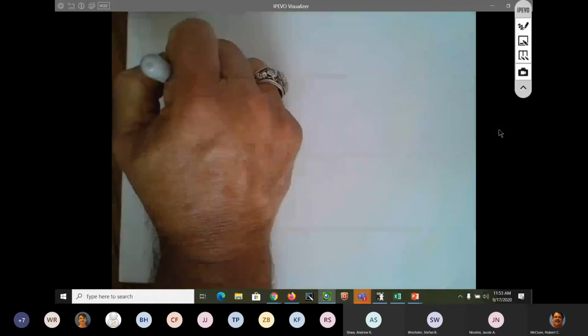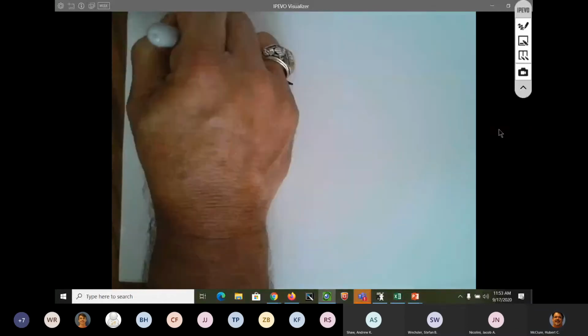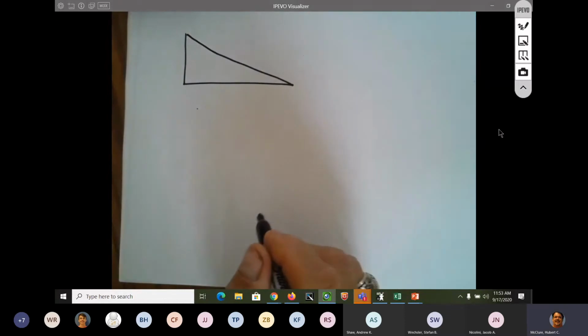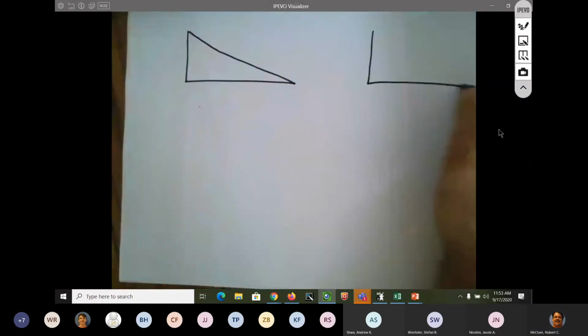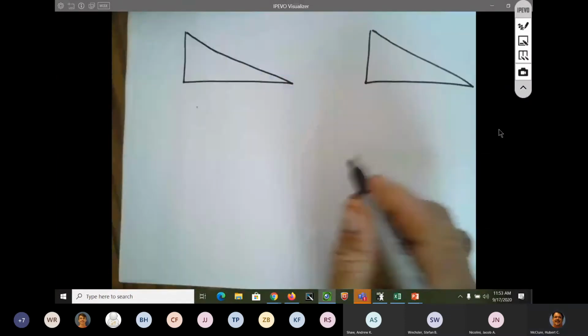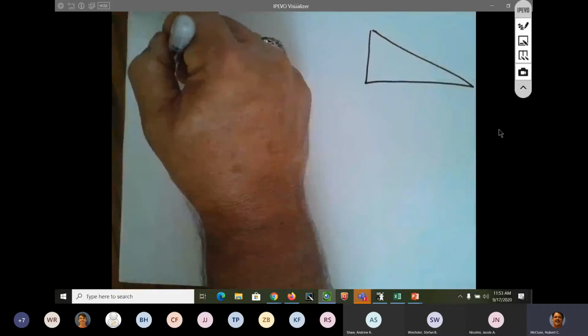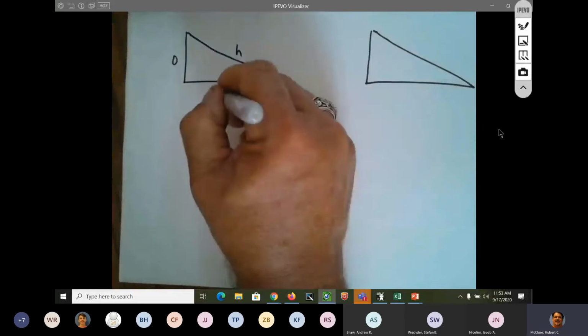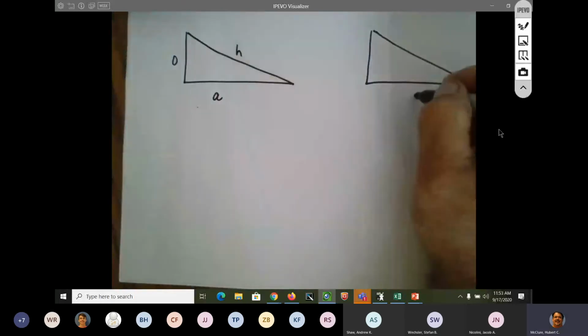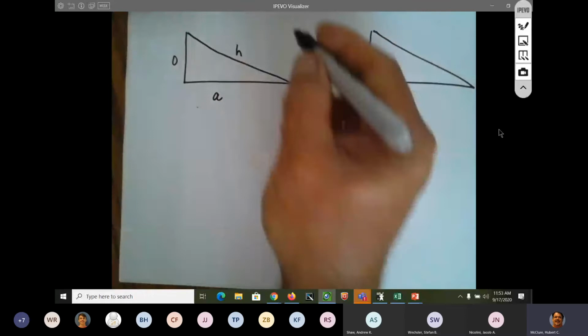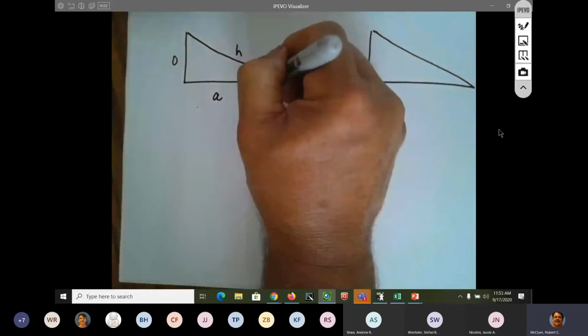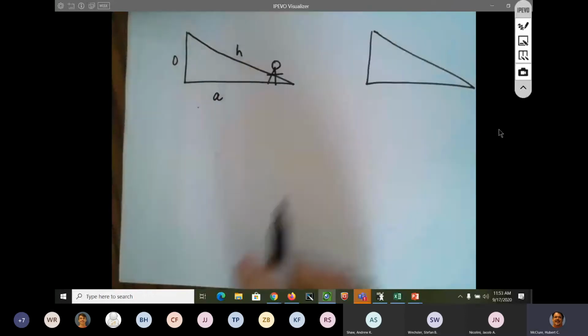So we're going to draw a triangle. And we're going to call this Oscar, that's had, and that's adjacent. And that is when the little man is standing right there.